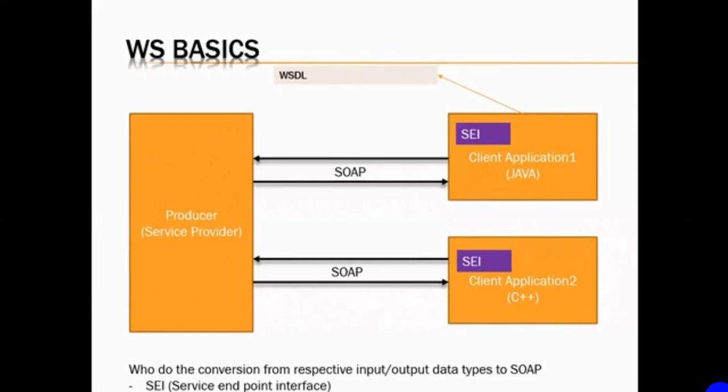in Java, let us say we have a data type called integer. In PL SQL, do we have integer? No, we have number, right? So if the producer is a PL SQL program, it will generate the data as a number, and that number should become an integer when it is a Java program.